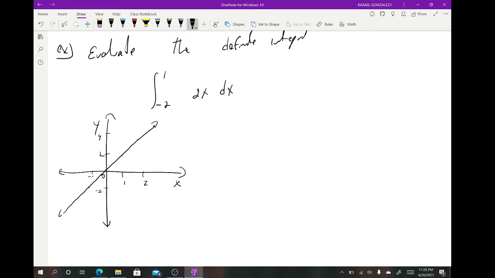And so on. Now, if we were to look at the definite integral, if we were to look at the area underneath the curve with relationship to the x-axis, this is what it will look like.